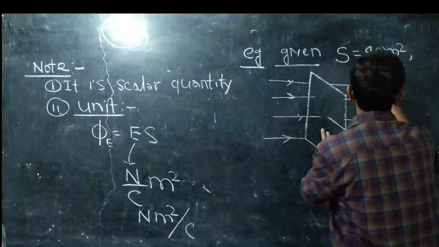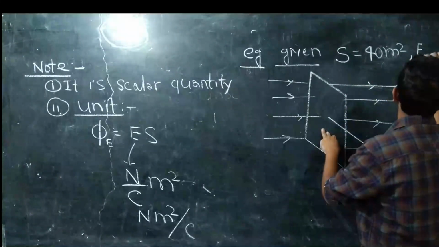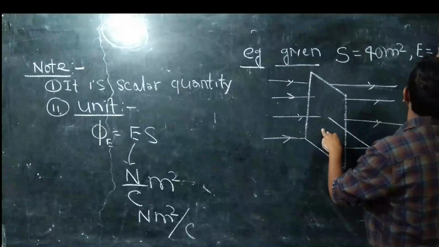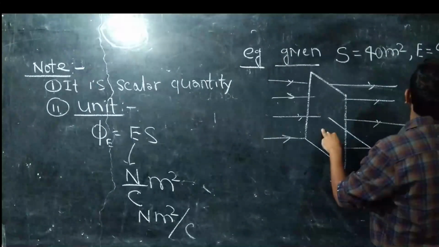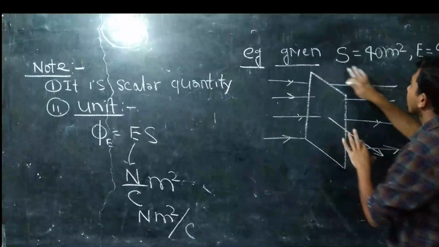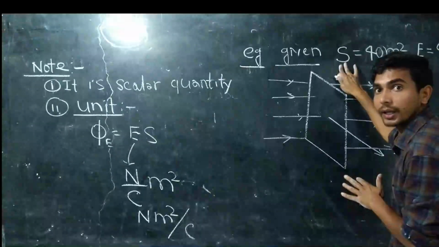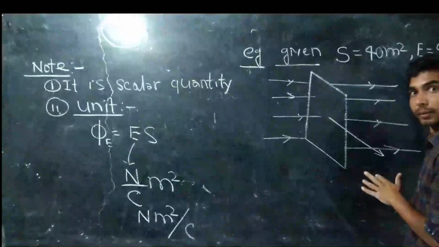And electric field is equal to 45 Newton per coulomb, right? Area is given, electric field is given.